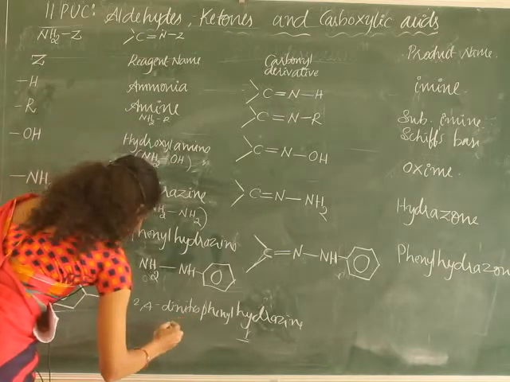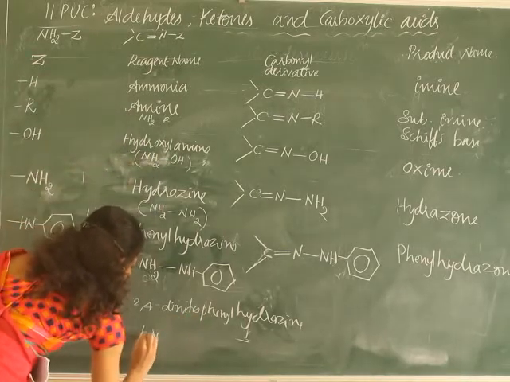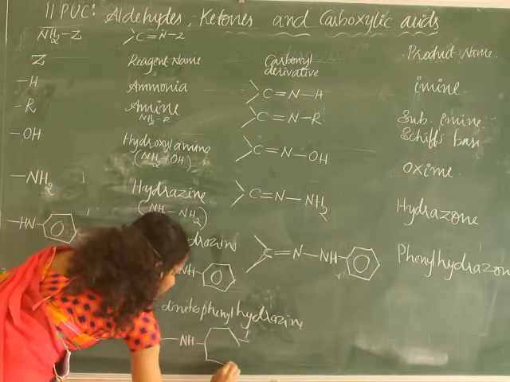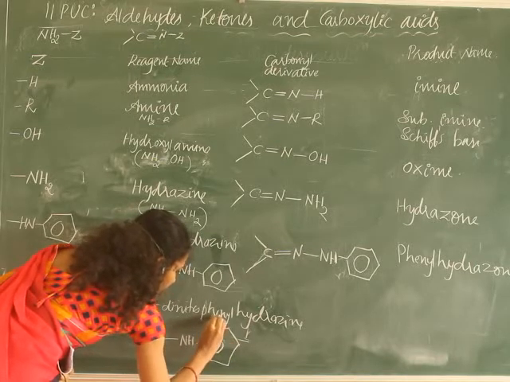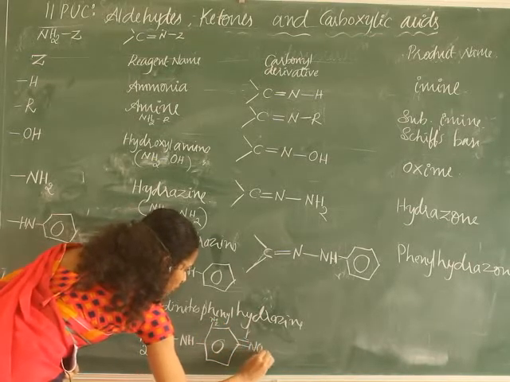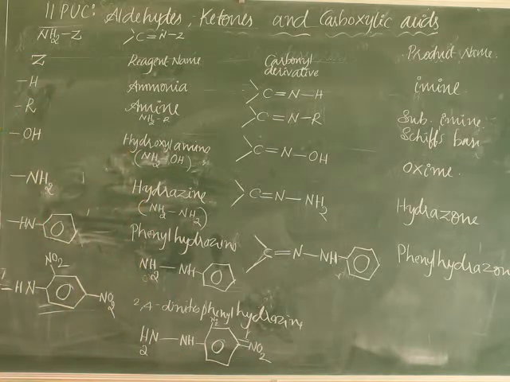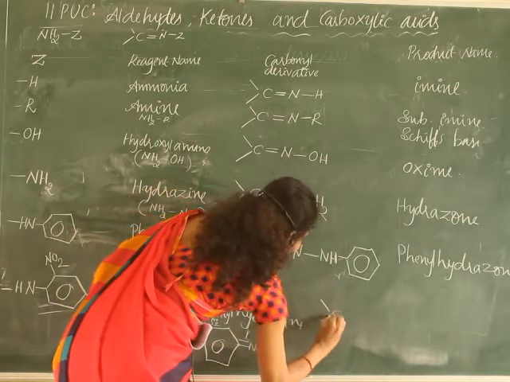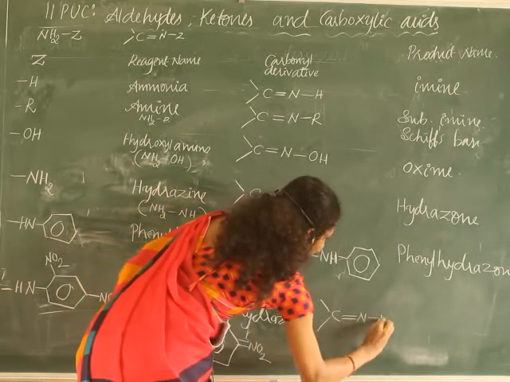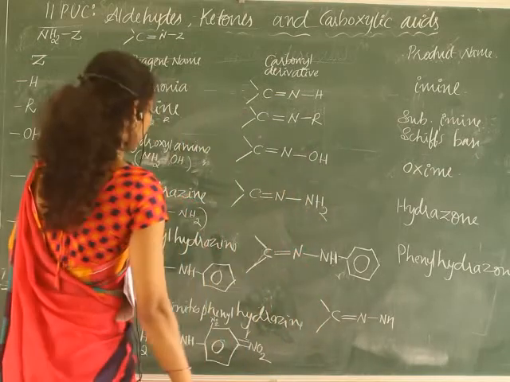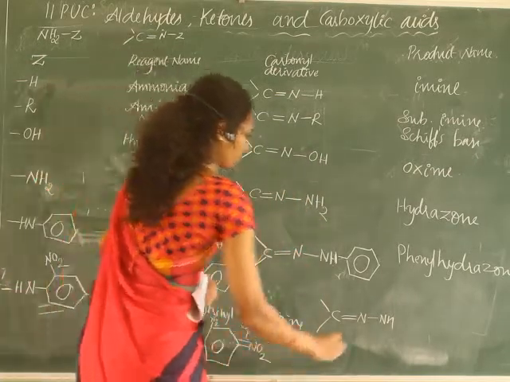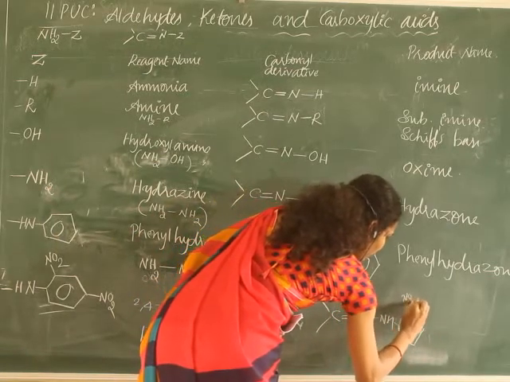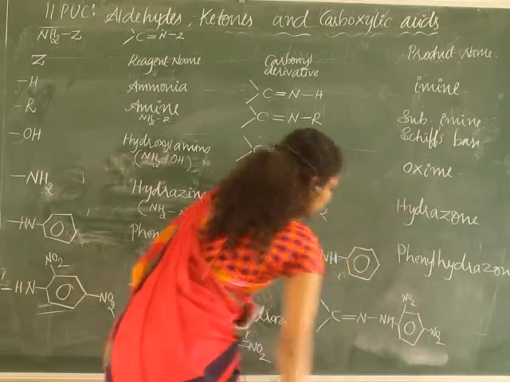Then what we'll get here: NH2 and NH, and here second position nitro and fourth position nitro, and the product is C double bond N, NH. Okay.